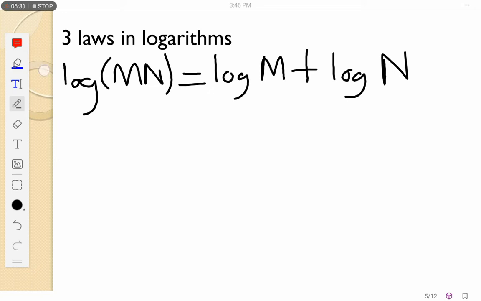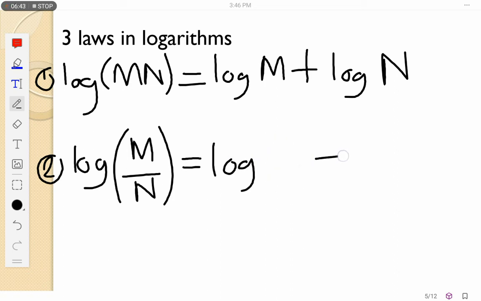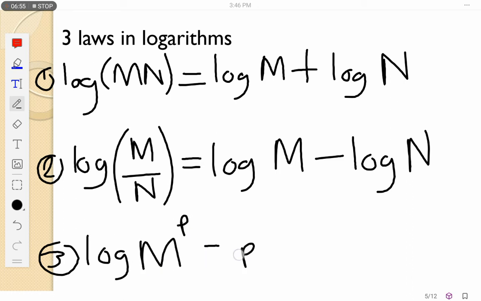Then we have got another one: log m over n is equal to log m minus log n. Okay, I'll leave a gap. Then the last one is log m to the power of p is equal to p log m.